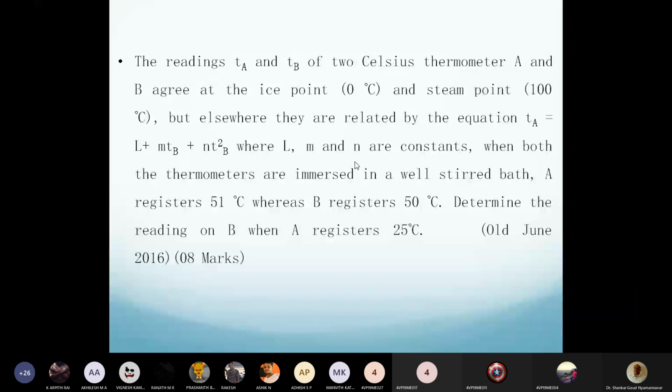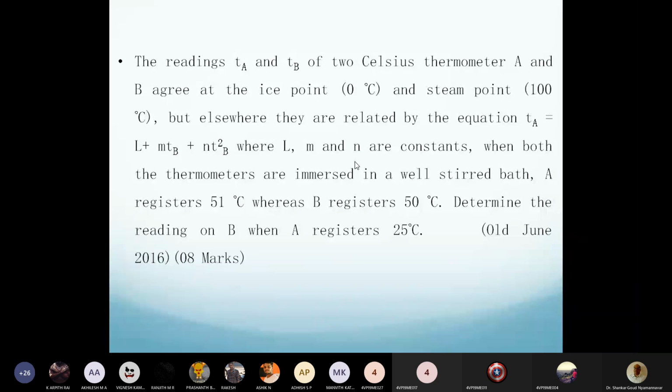Correct? Yes or no? Are you getting me? Okay. Second point: substitute TB equal to 100 and TA equal to 100. Both are 100. So left side will be 100, right side will be L, which is already 0, so we ignore the first term.